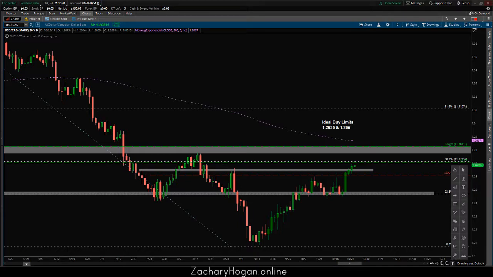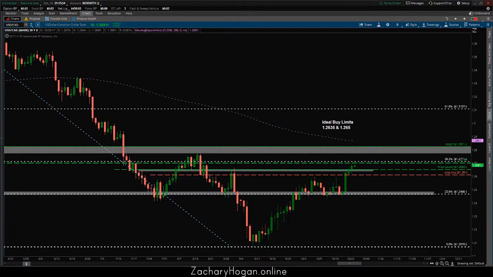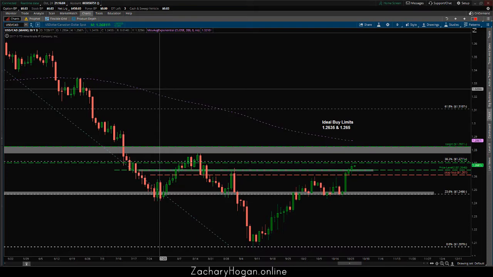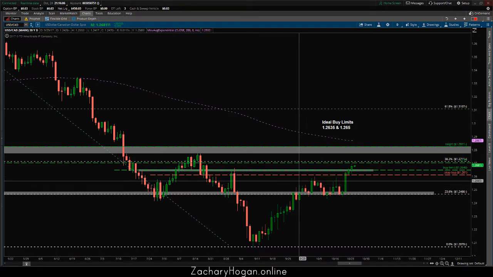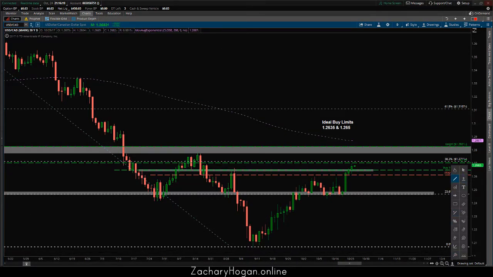So if I were to be personally entering this trade, my buy limit would be at the 1.2646, and that would put me at a 36 pip stop loss to a 140, or actually I guess it would be a little bit more because of the buy limit.